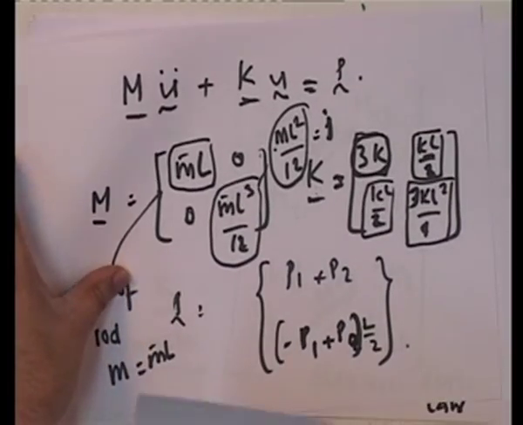Let me now look at a situation where I have the same problem, and I want to show you that the mass and stiffness matrices are not property matrices, but they are matrices corresponding to the degrees of freedom.